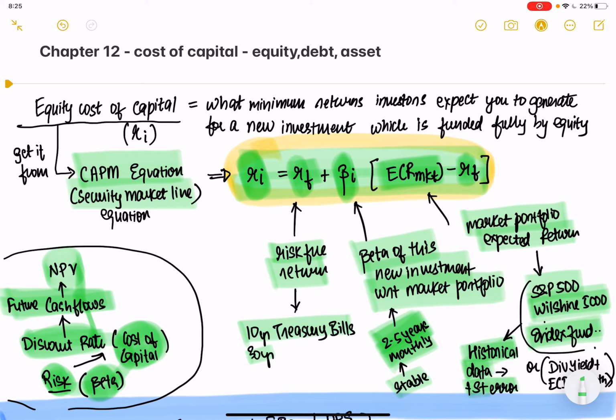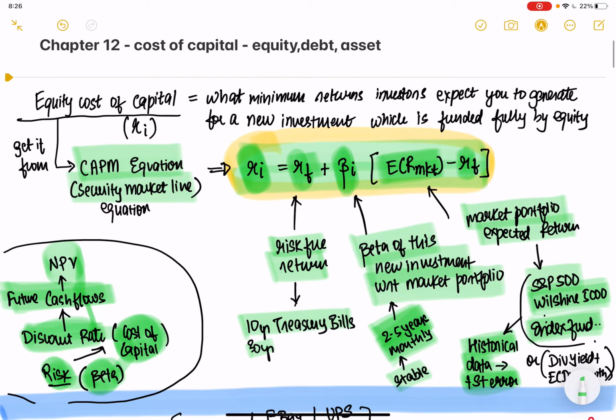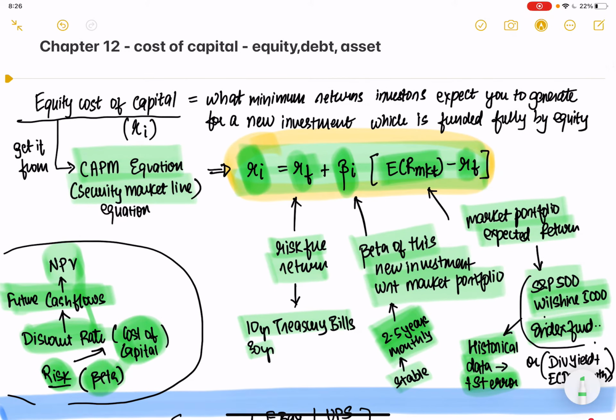Be very careful to also consider the standard error, because the expected market return for the S&P 500, let's say it's 8%, has a plus or minus 3% standard deviation. So you want to find out what the expected return for the market is. Those are the subsections of this formula. Once you know each of these, you can find out for a given investment whether it is a good investment or a bad investment.